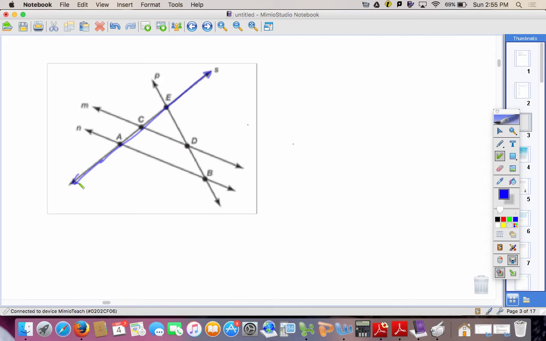Well, because I have a lowercase s at one of the ends here, I can simply say this is line S. I also have multiple points here. I have point A, I have a point C, and I have a point E. So I have to use at least 2 of those points to be able to label this line.